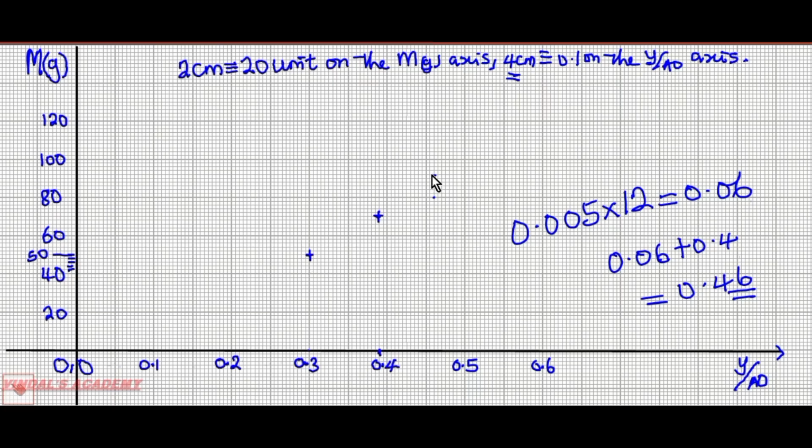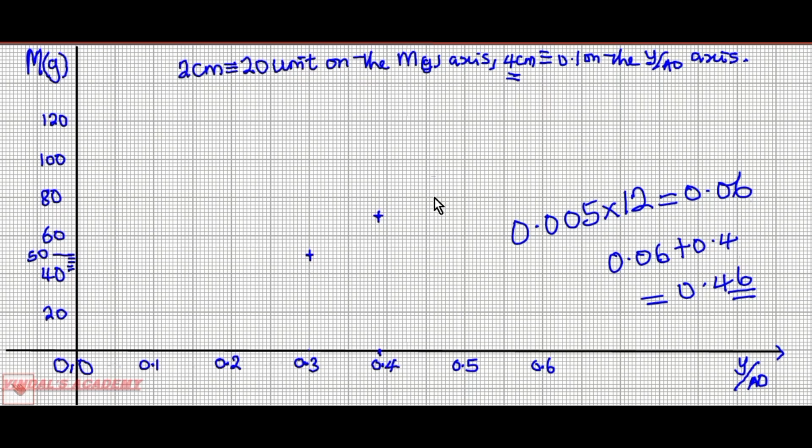Then I will find the coordinates there and record it. Let's keep tracing. Okay, let's plot the next one, which is going to be 0.52 under 110. Okay, sorry, that should be 0.46. 0.46 under 90. Let's finish marking it out.